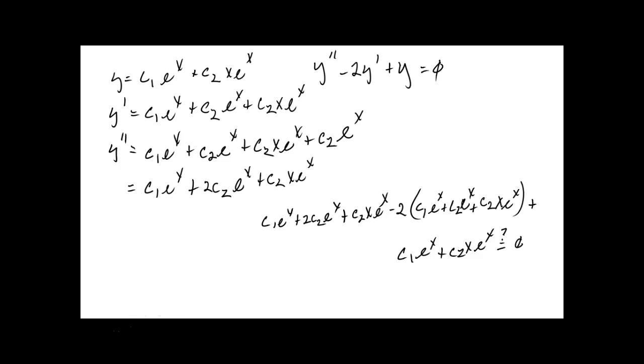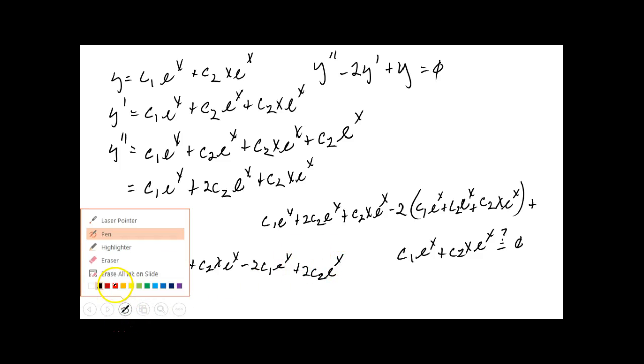Well, what we got to do is go back and clear parentheses. A lot of writing. C1 e to the x plus 2C2 e to the x plus C2 x e to the x minus 2C1 e to the x plus 2C2 e to the x. I messed something up there, didn't I? No, I didn't. That's fine. Except it's a minus.